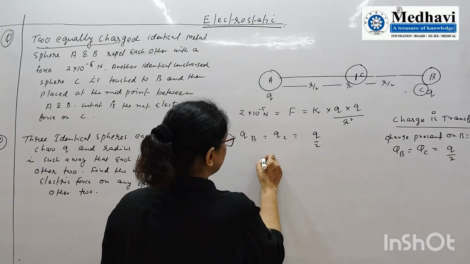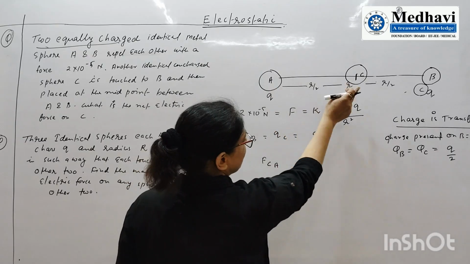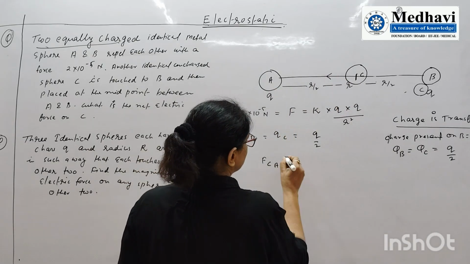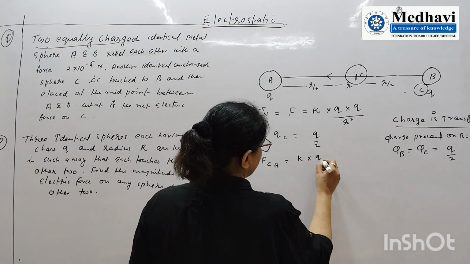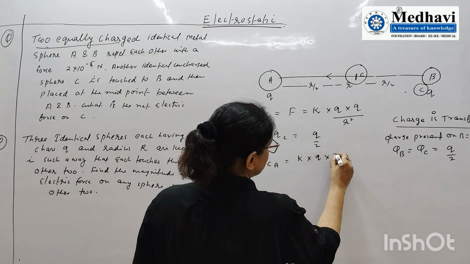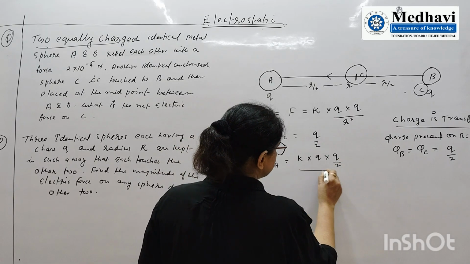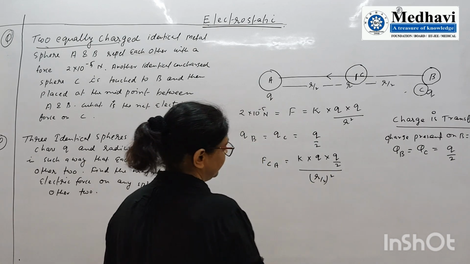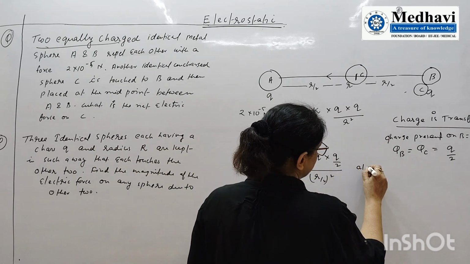So we will find the force on C due to A. Both are positive, so this is repulsive in nature. So this will be K, the charge present on A is Q, the charge present on C is Q by 2, and the distance between them is R by 2, whole square. And its direction is along CA.